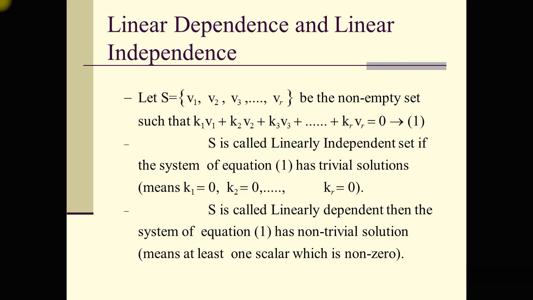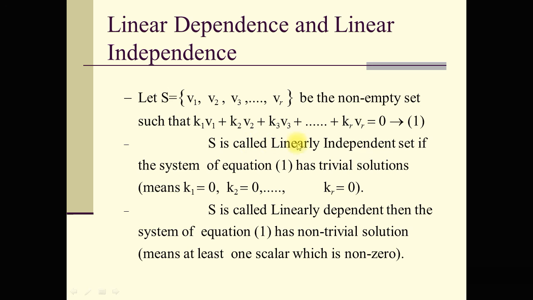Now this is the conclusion of the overall lecture. For example, we have a set S of vectors v1, v2, v3 up to vr, a non-empty set, such that k1 v1 plus k2 v2 plus k3 v3 and so on plus kr vr is equal to 0.